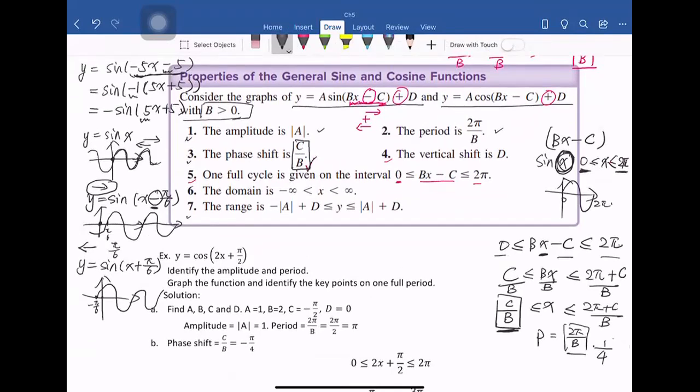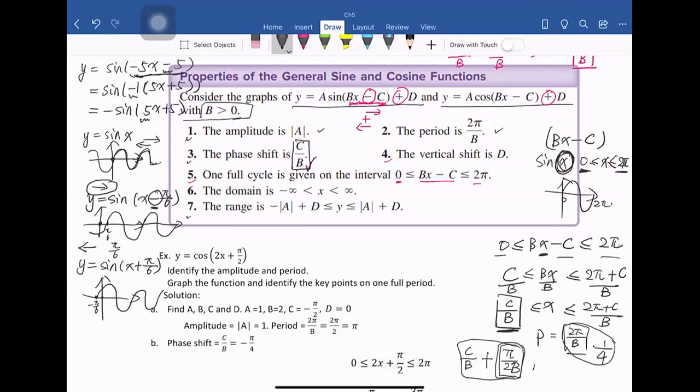So the first point is c over b, and then plus this, that's pi over 2b, and this is the second point. And then for the third point, I continue to add 1/4 of the period. And then we can find the 5 key points and draw our function.